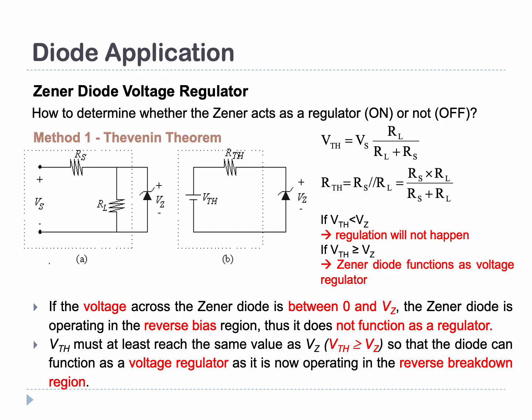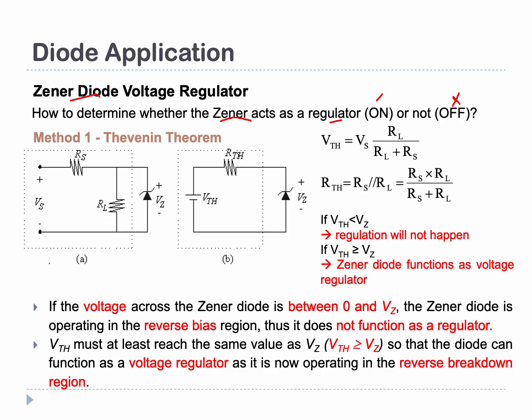Now let's look at this case. The question asks about the Zener diode voltage regulator. How do we determine whether the Zener acts as a regulator? If it acts as a regulator, it means the Zener is turned on. But if it does not act as a regulator, it means the Zener is turned off.